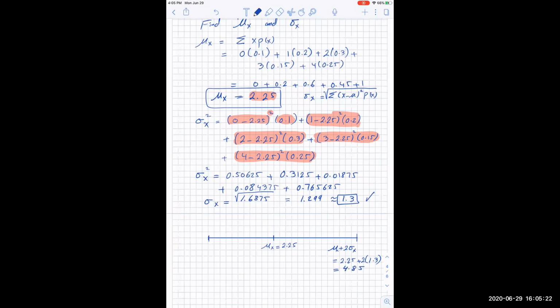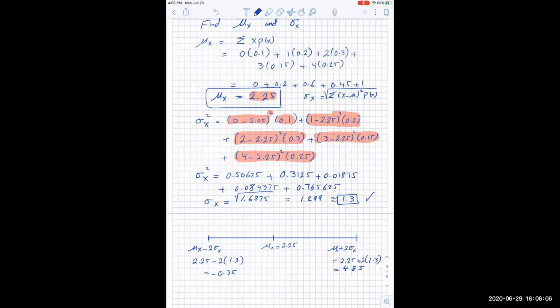And then the other end, the mean minus 2 standard deviations. 2.25 minus 2 times 1.3. Minus 2.6, negative 0.35. Guys, this range that you see on the screen here, this is called the range of usual values of X, or not significant values.